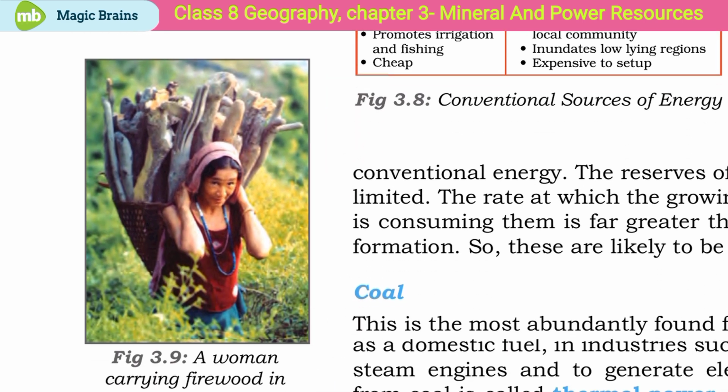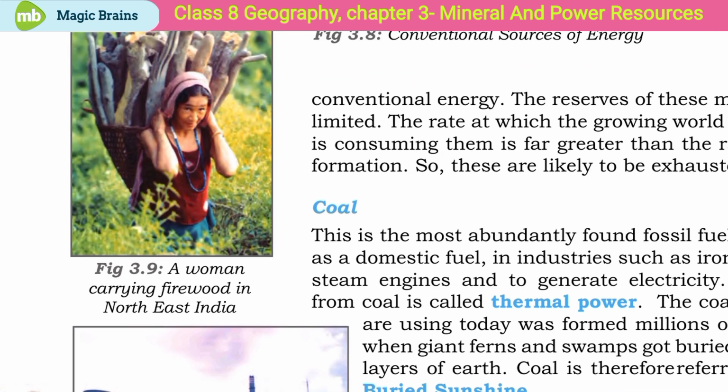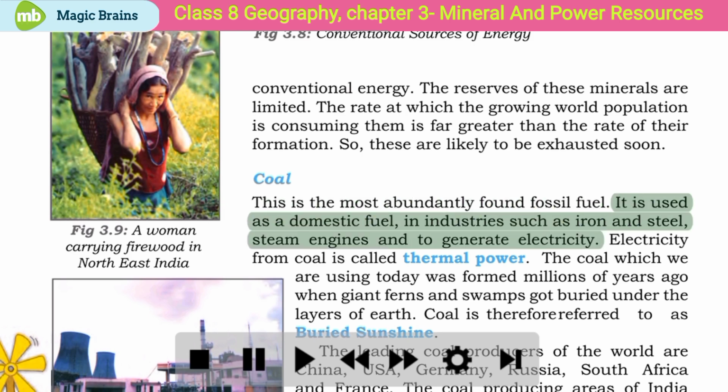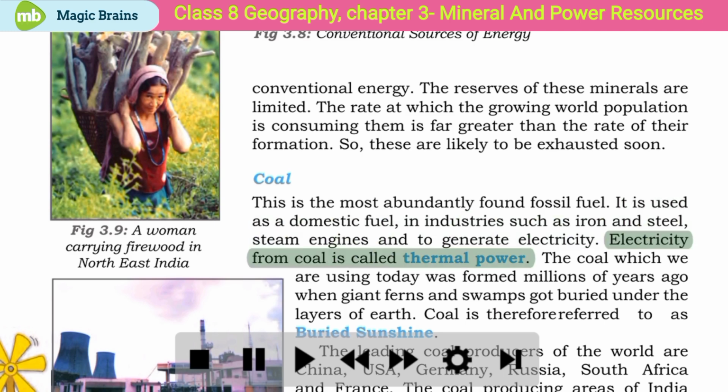On the left side, there is a figure 3.9 which shows a woman carrying firewood in northeast India. Coal. This is the most abundantly found fossil fuel. It is used as a domestic fuel in industries such as iron and steel, steam engines, and to generate electricity.